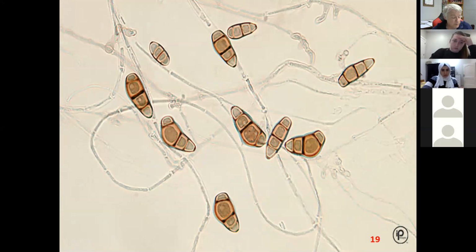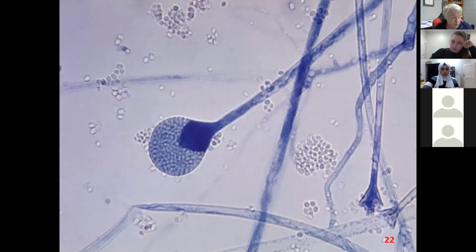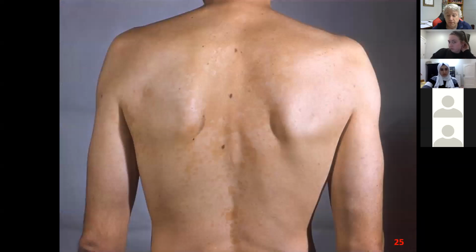To 19, which is Curvularia. To 22, which is Mucor. To 27, which are spaghetti and meatballs.